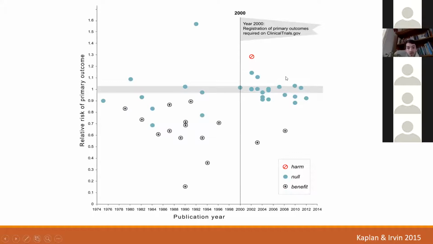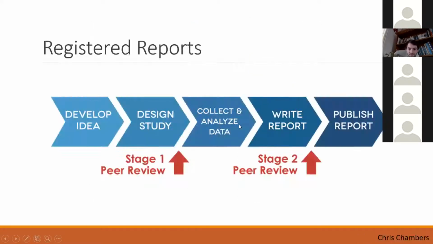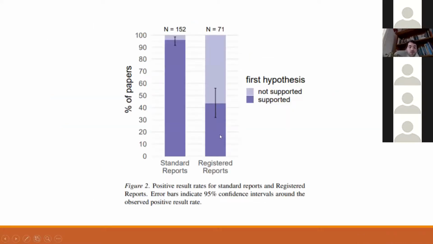If you're going to take a drug, you're going to take one of these two drugs here. You're not going to take these ones. Similarly, if you're going to think which of the positive results is going to be robust, it's more likely to be these ones from the registered reports than the standard reports. So this is one really great way, I think, of showing people that your research is credible.